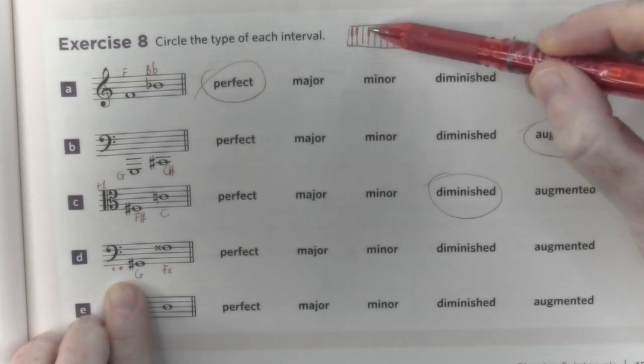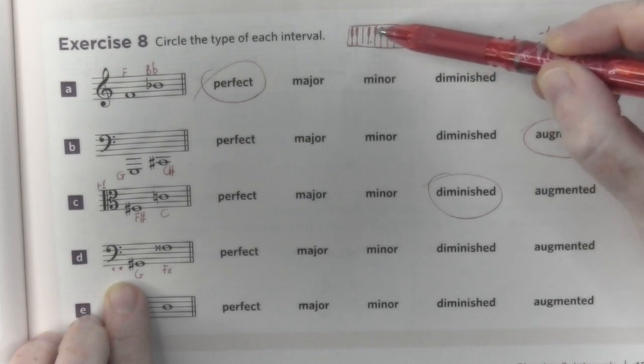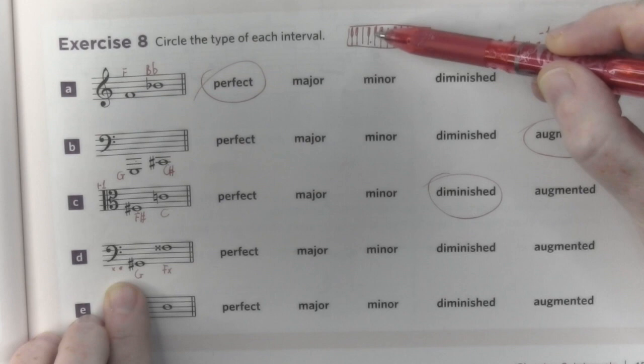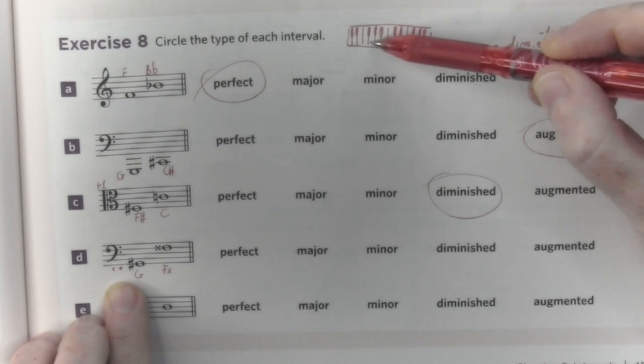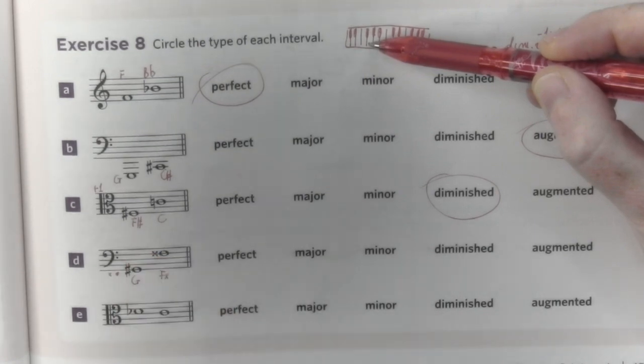So Fa double sharp, Sol sharp is a minor second because it's just 1 semitone apart. Which means that if I flip it over, this seventh is major.